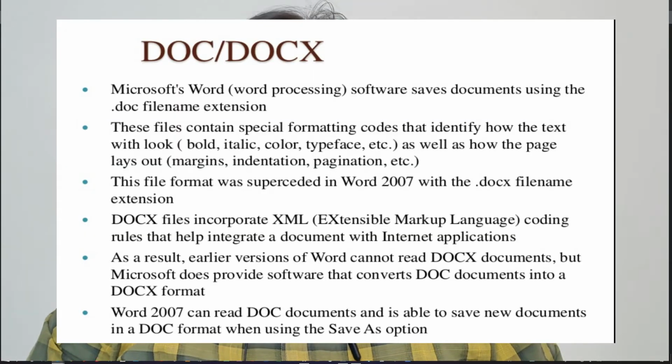Here doc stands for document and is an extension of Word files. Word means Microsoft Word. Now we have a list over here. You can all read that list, and you also have to copy this whole thing in your computer copies. You have to write this in your computer copy.